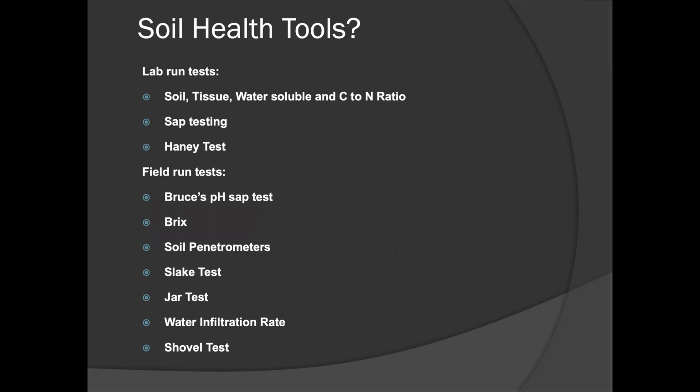So some of the other soil health tools in here. I put down some of the lab run tests that you can have done at a lab, to help you determine what types of things are available for you to test for. Typically, you want to run your soil test with your water extractable.